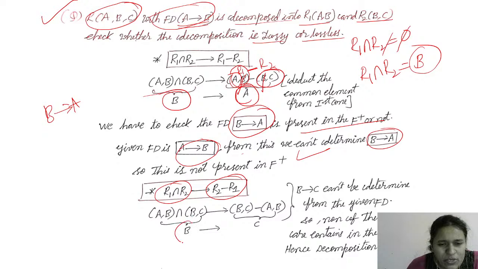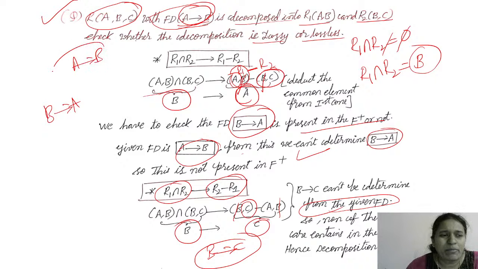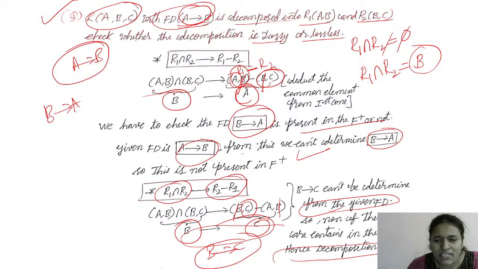R1 intersection R2 is B, R2 minus R1 is C, so B to C. B to C can't be determined from the given functional dependency. Only A to B is there in the original functional dependency. None of them is contained in the functional dependency, hence the decomposition is lossy.